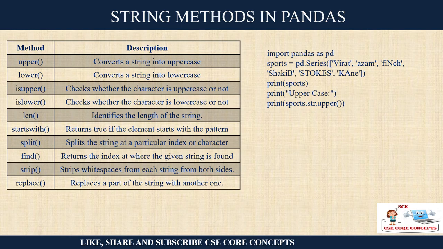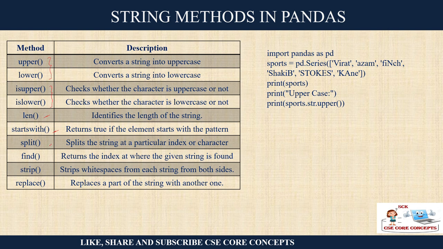And similarly, we have a lot of string operations available in pandas. That is upper, lower. So upper and lower, as the name suggests, will convert the string into uppercase and lowercase. isupper, islower is boolean, which will return true if it is upper, otherwise false. Length will return you the length of the string. Startswith: suppose you want to filter the data, the names of the students starting with A, so you can use this function.